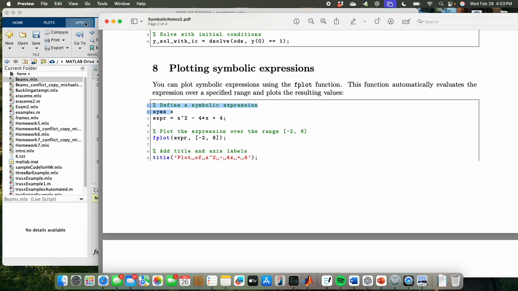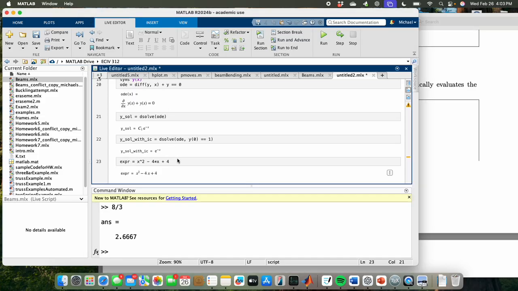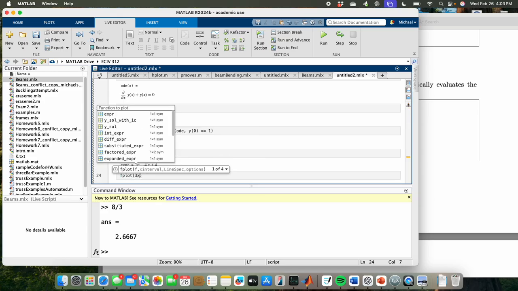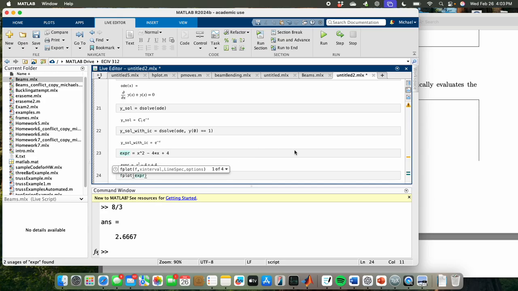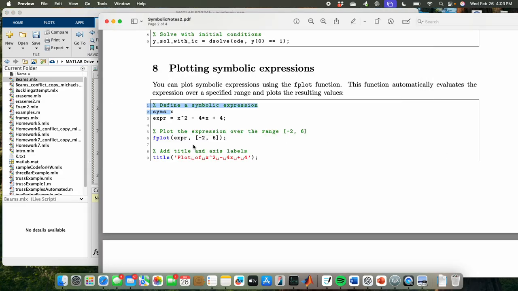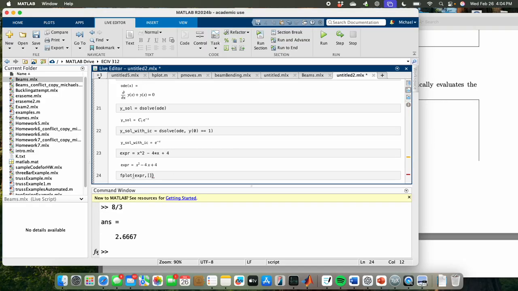And then if I want to plot it, again, it's the fplot command. It's a function plot. And I want to plot the expression. And then you have to say the lower bound and upper bound. Yeah, -2 to 6. Yep, so you give it the lower bound and the upper bound.